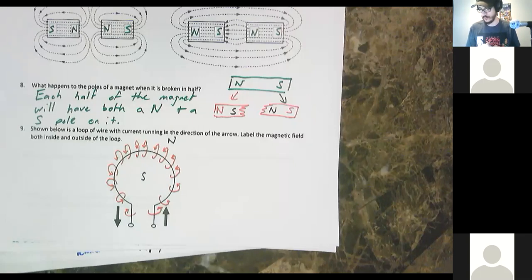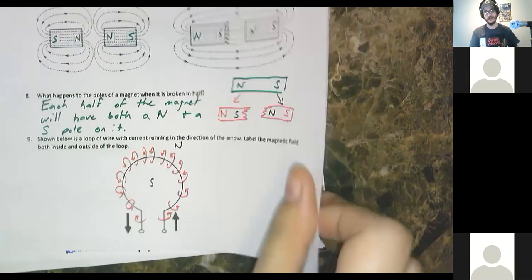Because it says to label the magnetic field both inside and outside of the loop. Easy peasy. Just use the right hand rule whenever you have a current carrying wire and it'll always work out for you.